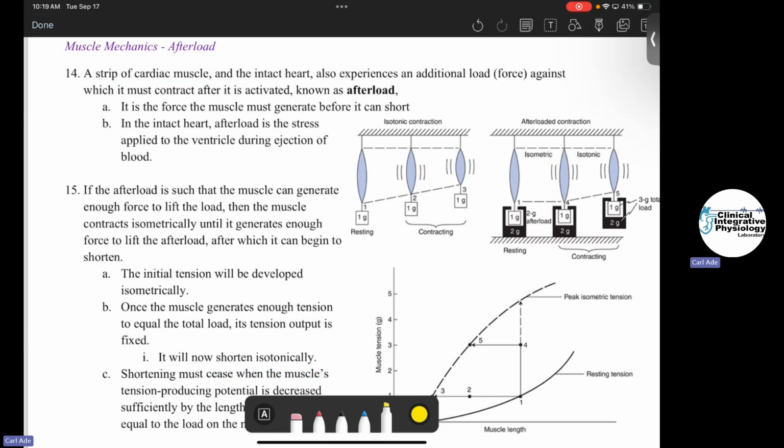So if we take a strip of cardiac muscle hanging here, and I put some extra force on it, an additional load, I'm going to make it work for a living. This is the scenario of afterload. I'm putting extra work on it, and it's now an afterload type contraction. So it has to generate some force before it can shorten.